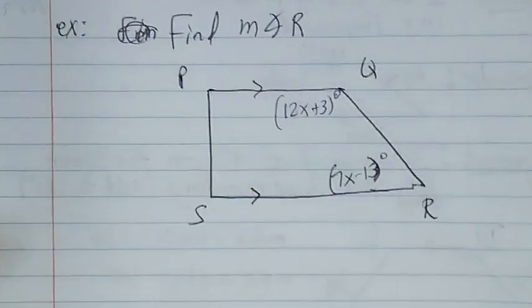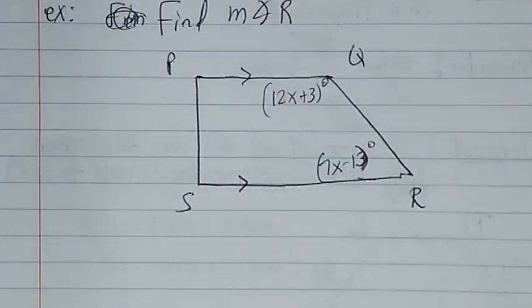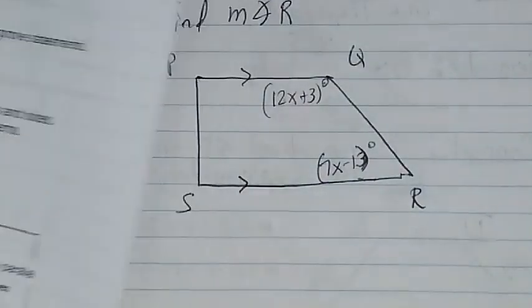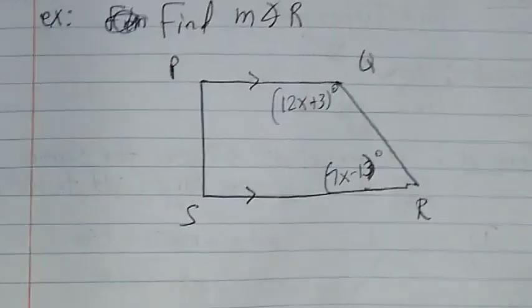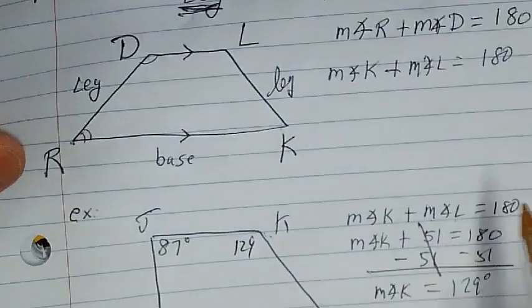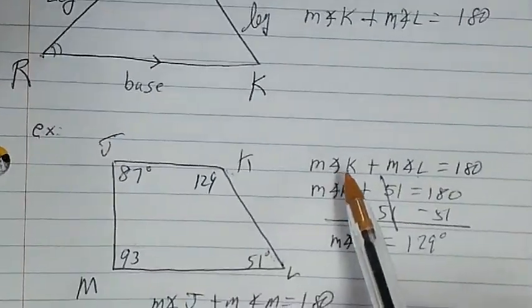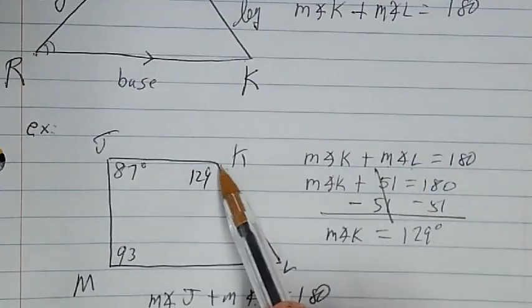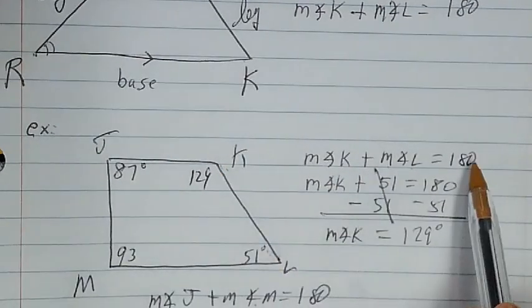Pause for a second, look up here. When I say set up the proper equation, it's an extra step, extra work. This is perseverance. I would like you to at least show that you understand the concept that angles along the same leg add up to be 180. So that's your general concept right there. Then you make a substitution.